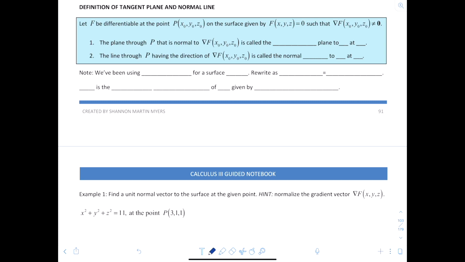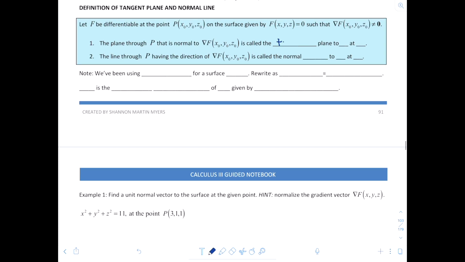The plane through P that is normal to the gradient of F at (x0, y0, z0) is called the tangent plane to the surface S at the point P. The line through P having the direction of the gradient of F at (x0, y0, z0) is called the normal line to the surface at the point P.